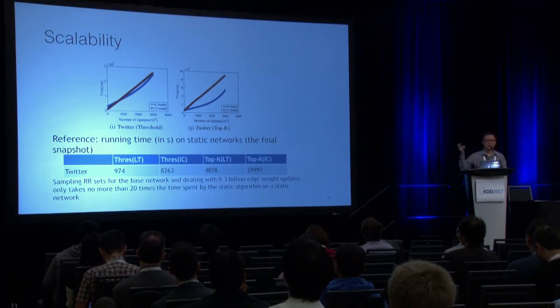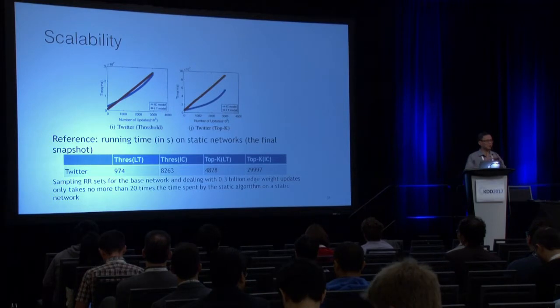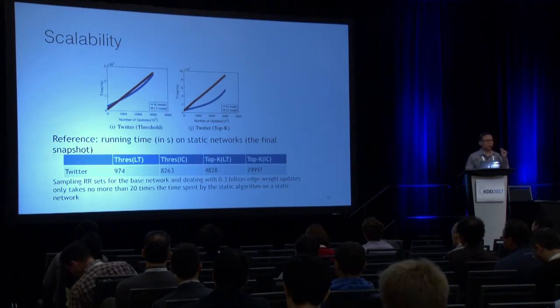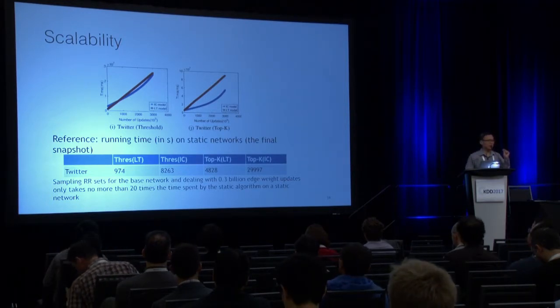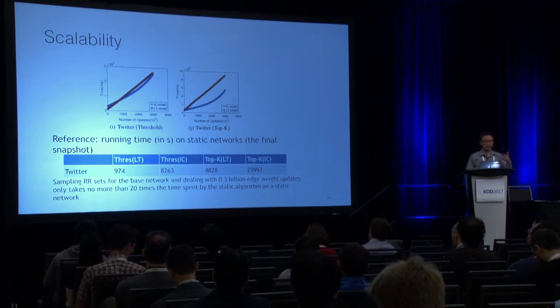The reason is very simple: in the linear threshold model, each RR set is a path, so it's a linear processing. But in the IC model, each RR set is a dynamic subgraph, right? So you may have branching, which may incur more cost.